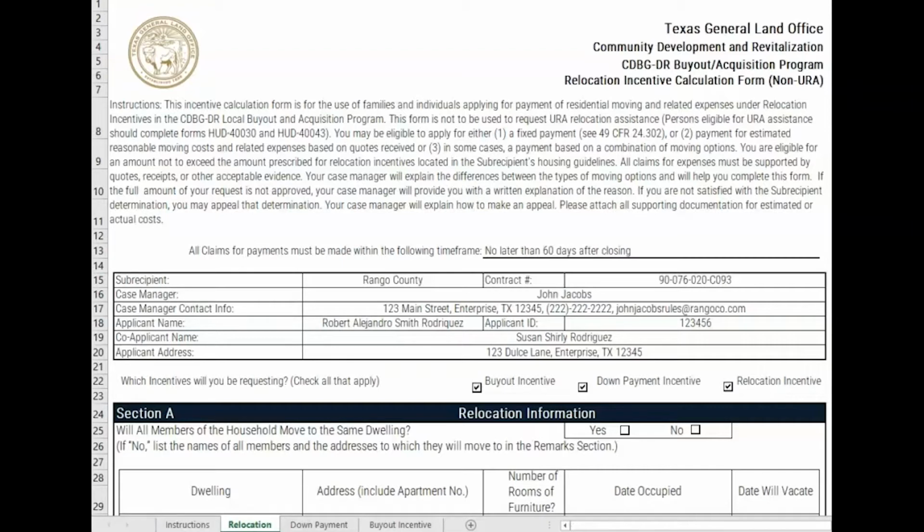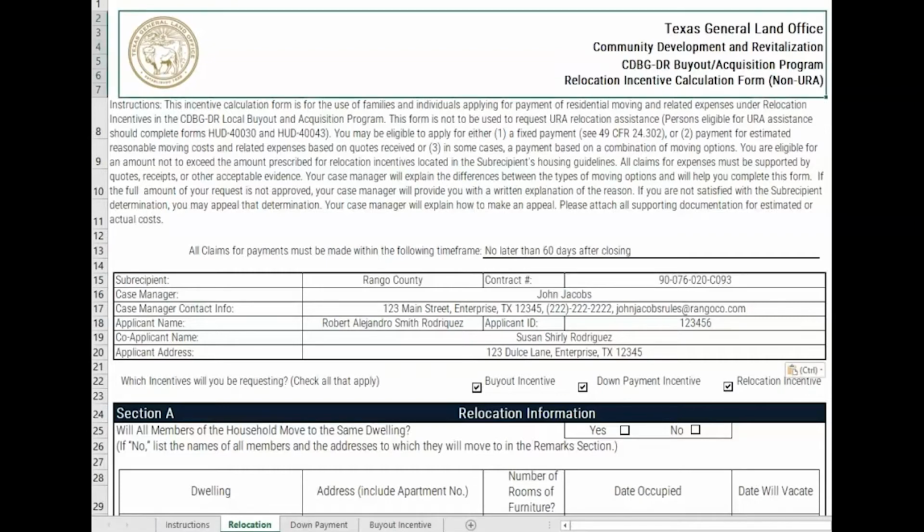On the first page, the applicant should input the requested amounts and attach all backup documentation. In the second phase, the subrecipient will review the request and backup documentation for eligibility, provide technical assistance to the applicant to help them update the form or documentation if needed, and ultimately provide their final assessment of the eligible amounts in the subrecipient use sections.